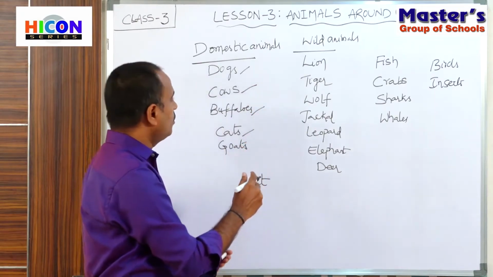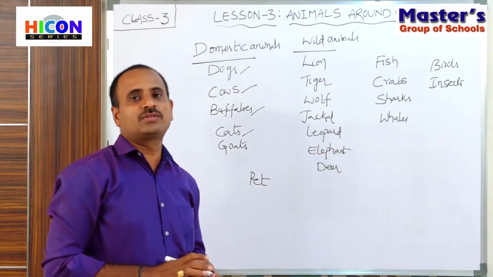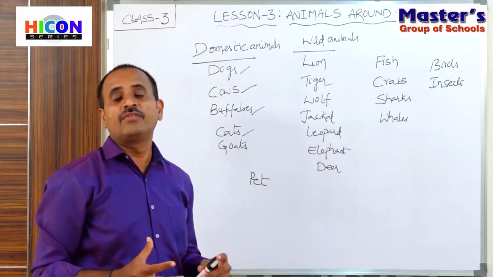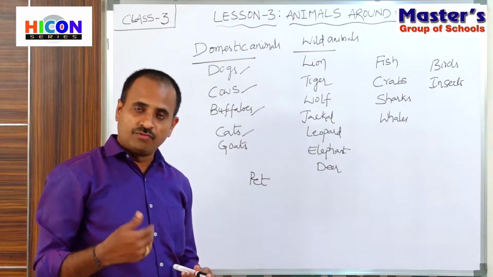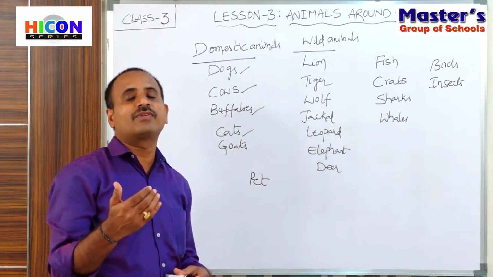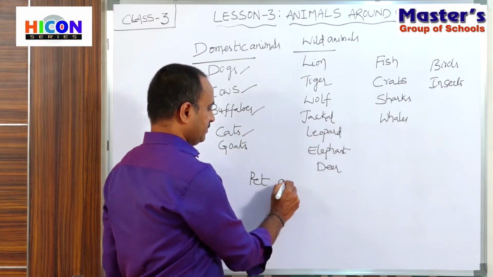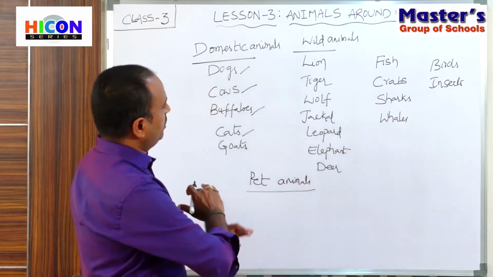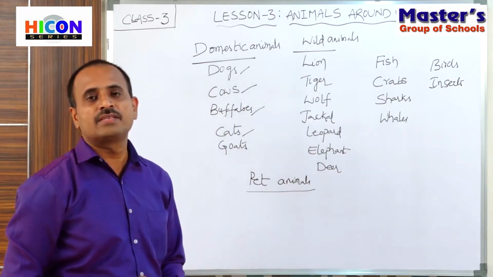Children, all these animals can be grown in our houses also, and they will do a lot of work and help us, and we will provide food, shelter and water for them. Those animals are called pet animals.